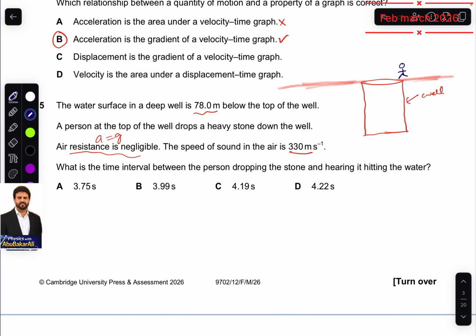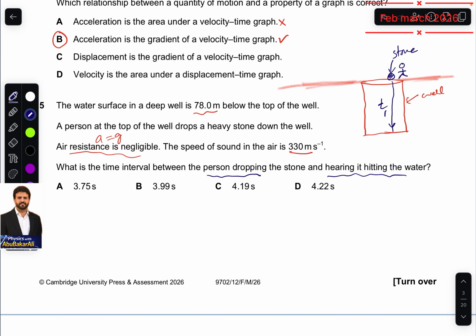When he drops the stone, it has to go all the way down to the bottom. First it will take some time, let's call this T1. What they are asking is the time interval between the person dropping the stone and hearing it hitting the water.